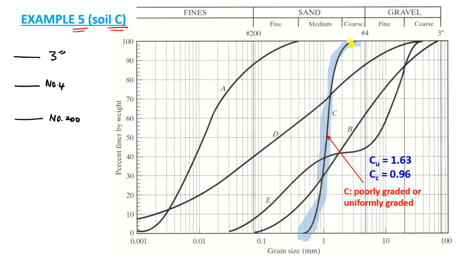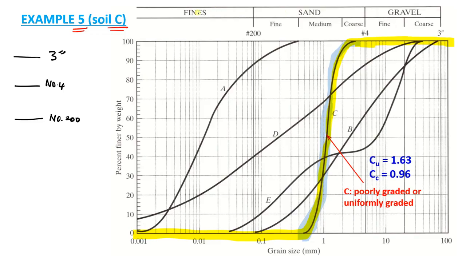Remember the curve here is touching at 100, and from there it is going like this. This is actually our S shape. And when it reaches here, then it goes like this. And remember, those horizontal portions are the particle sizes that are missing. They are not in this soil, they are absent.